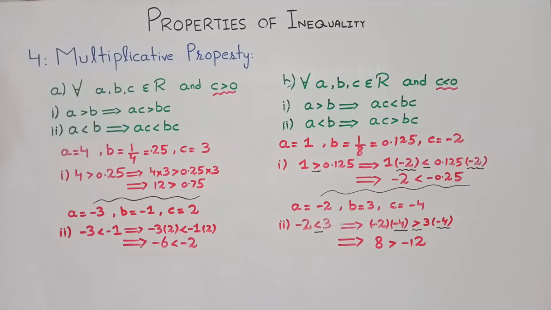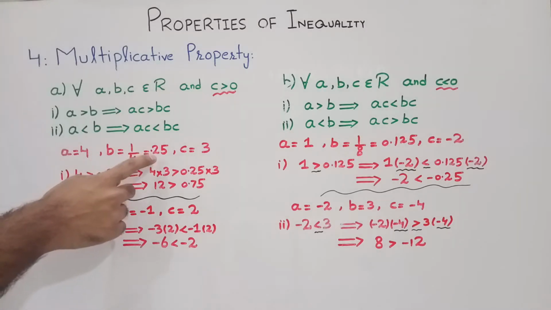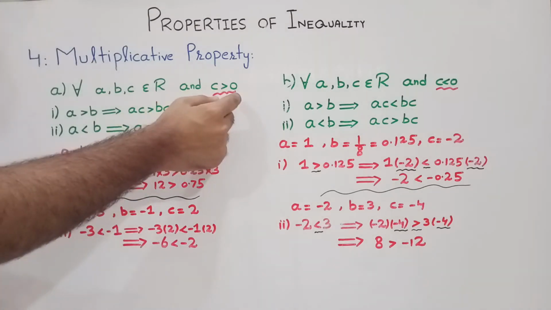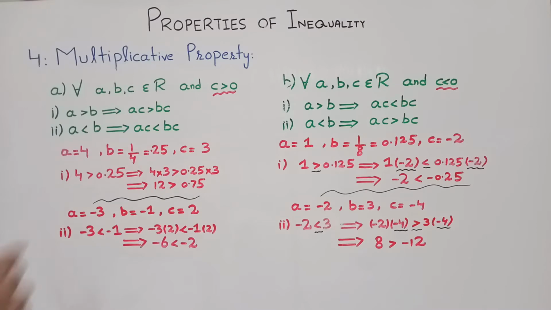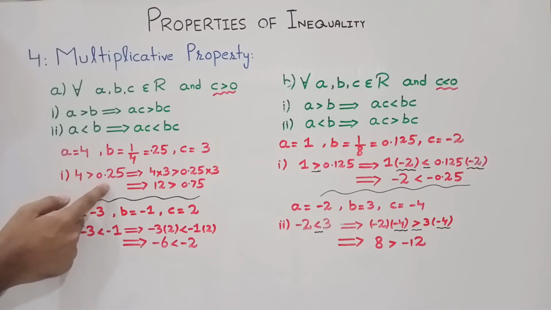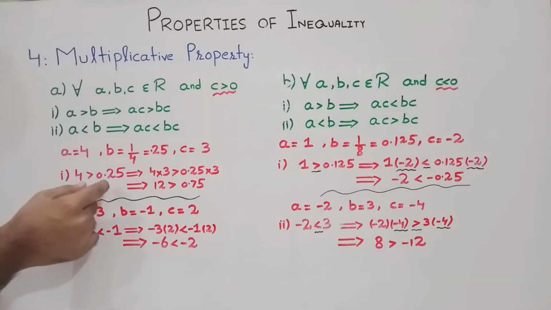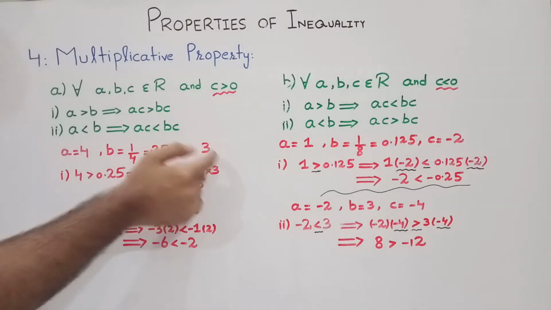For the first condition, let we have three real numbers. a is equal to 4, b is equal to 1 by 4 with decimal representation 0.25, and c should be a positive real number, so c is equal to 3. For these numbers, we can see that a is greater than b, as 4 is always greater than 0.25. Now we will multiply both sides of the inequality with a common positive number c, that is 3.